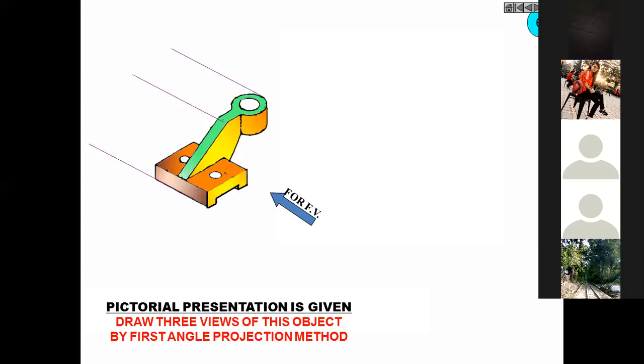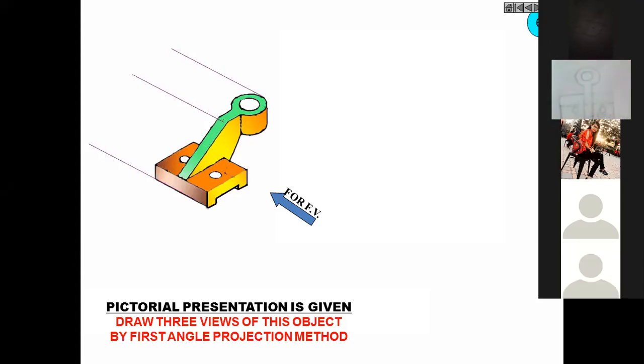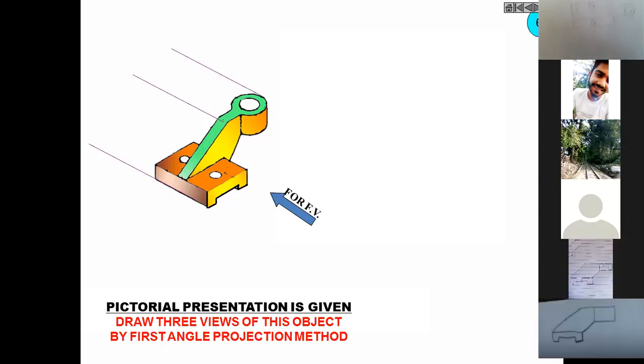CH025, I am not able to see it. CH003, there is one line missing. ME007, also one line missing.